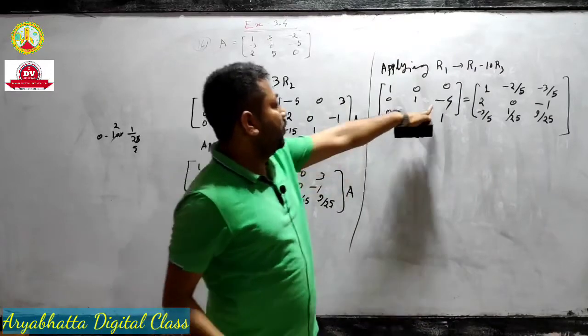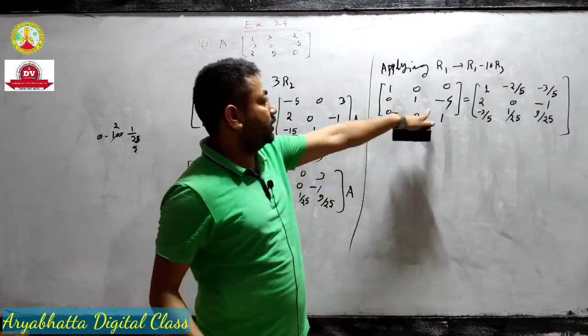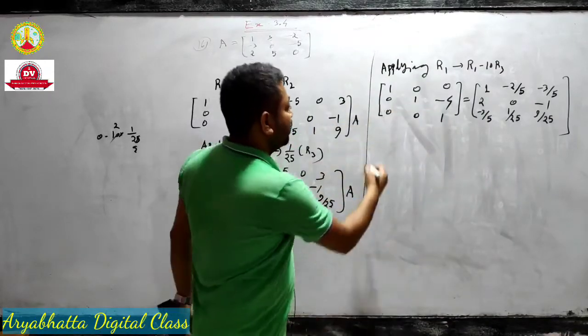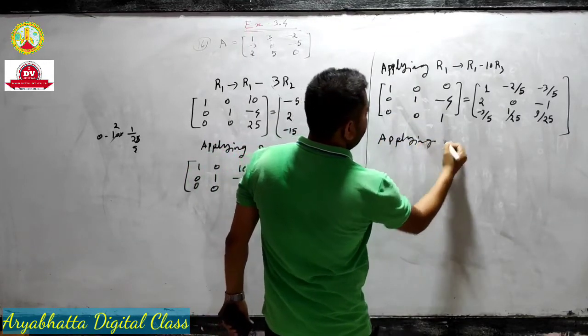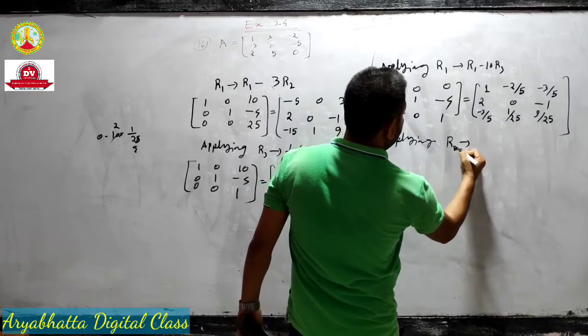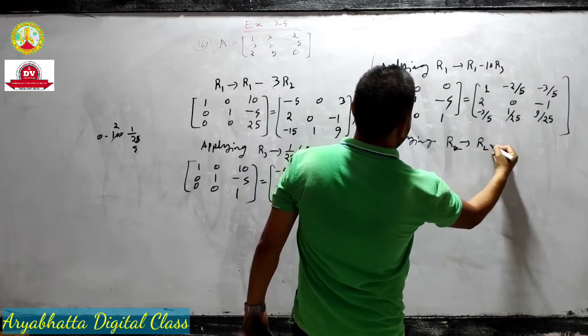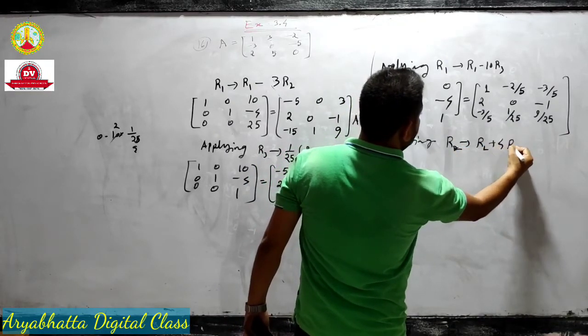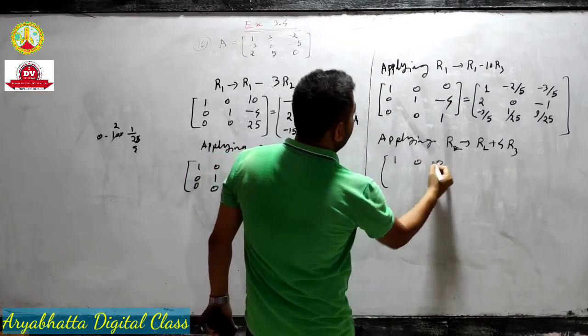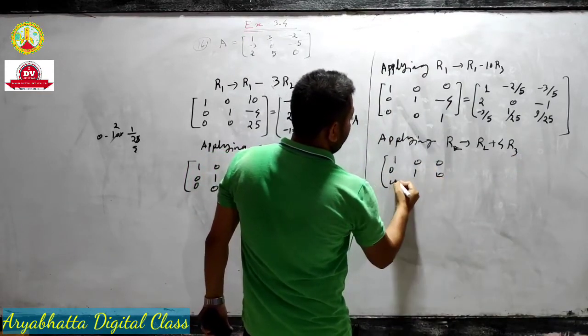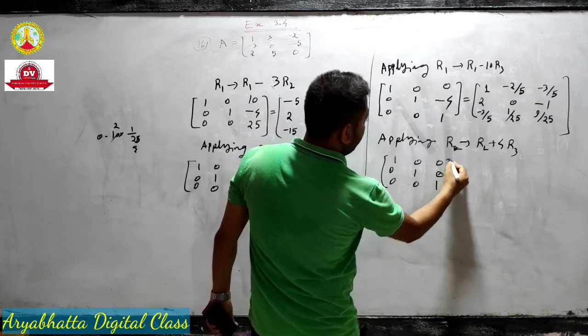Next, for these elements have to be equal 0. Therefore, we apply R2 tends to R2 plus 4 into R3. Then we have 1 0 0, 0 1 0, 0 0 1.